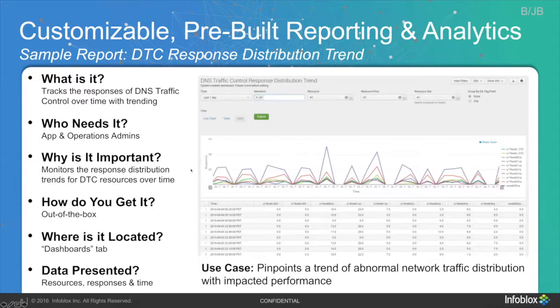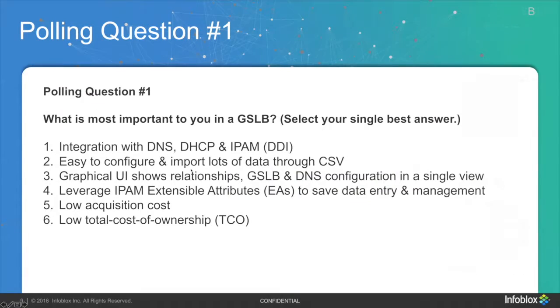We're going to get into a little more detail toward the end on how to get our hands on it, but it's part of the reporting solution. For those that have used reporting, it's one of our dashboards. And again, this particular one pinpoints the actual trend analysis. So reporting is a wonderful tool to add to any grid.